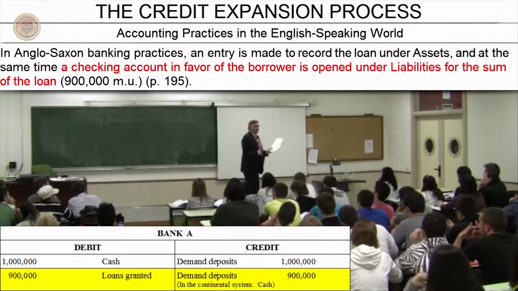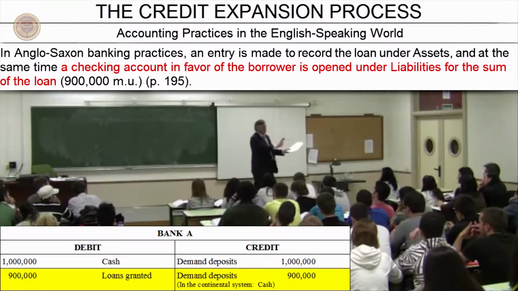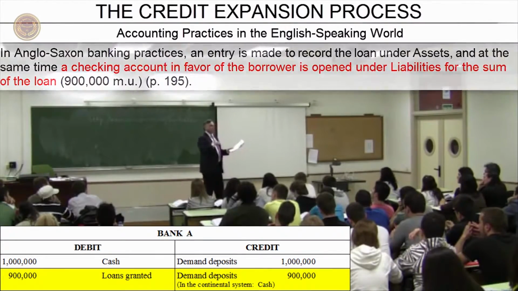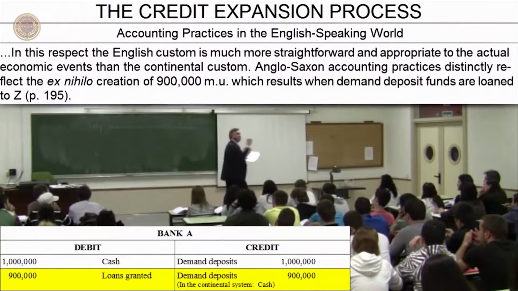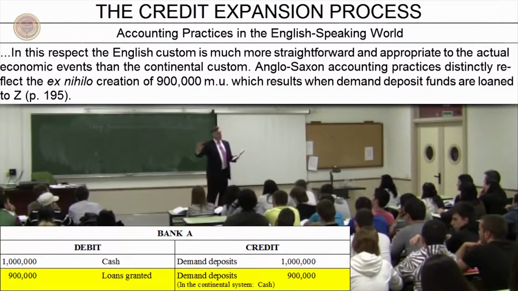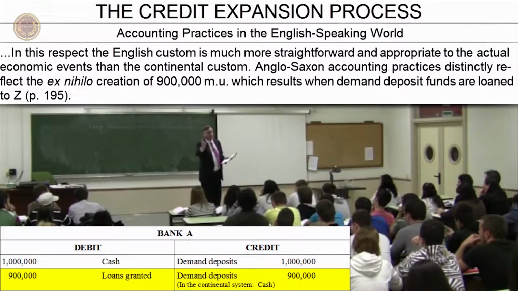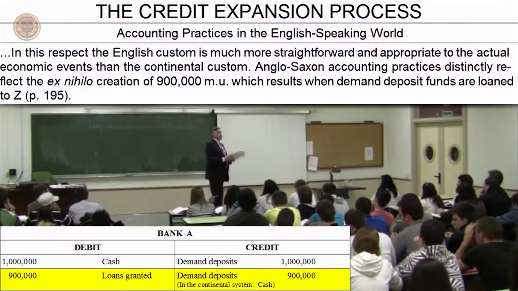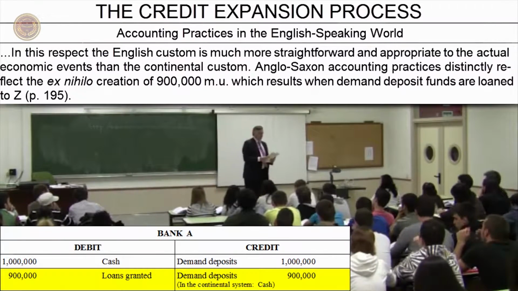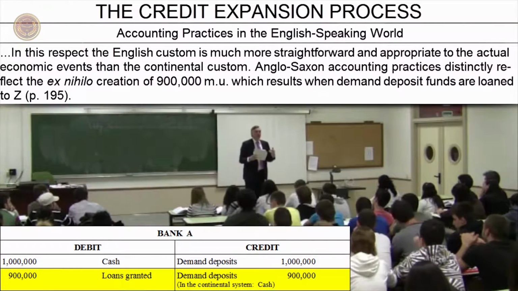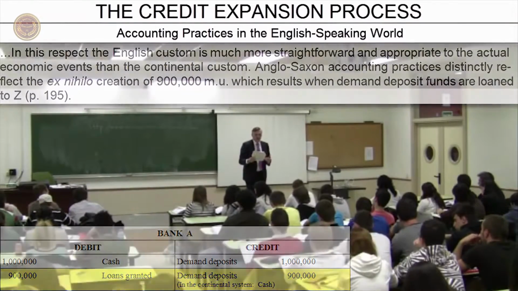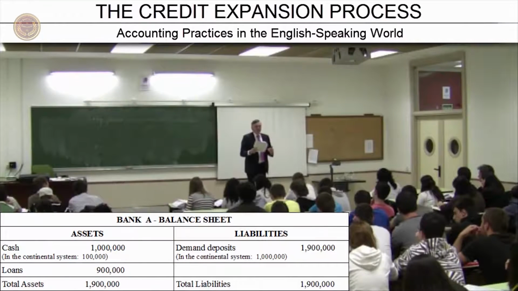Instead of handing the 900,000 monetary units over to him, I will keep them. But in my assets, I will acknowledge the loan I have created from nothing, and the balancing entry in liabilities will be a checking account, a demand deposit of 900,000 units. I will give the owner of company Z a checkbook so that he can gradually use the loan as he needs it.